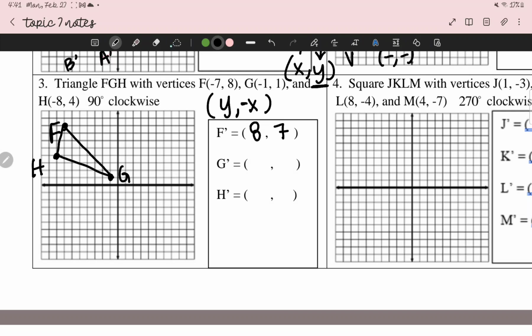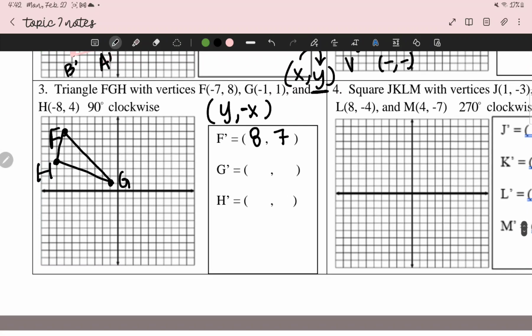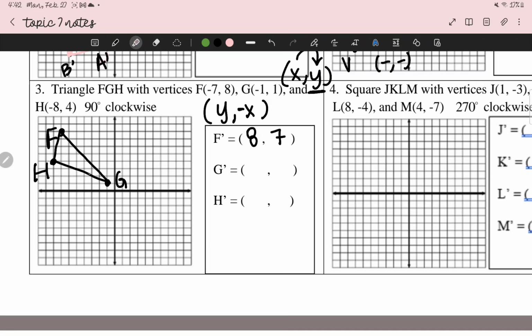Okay, and I don't know why I put this one so far over here. Okay, so I've got this, and my original figure is here. If I'm going 90 degrees clockwise, my clock goes around like this.